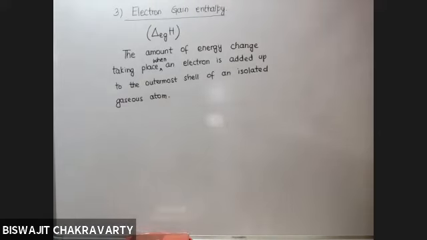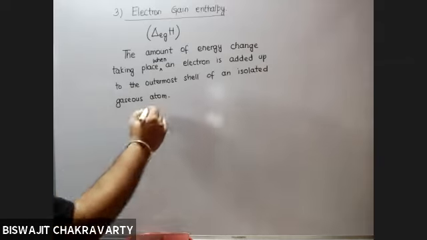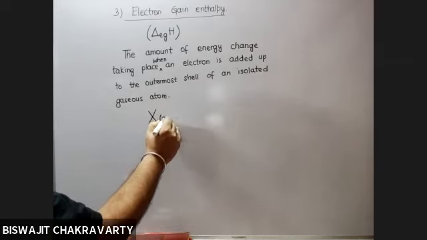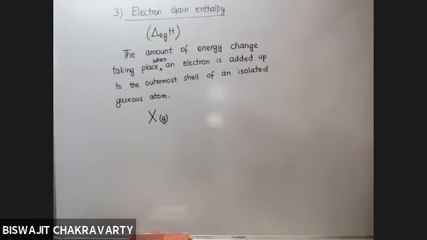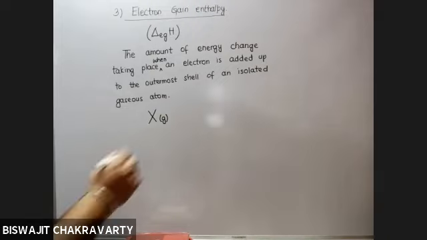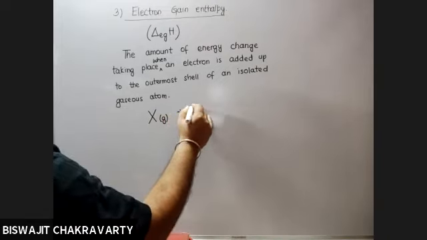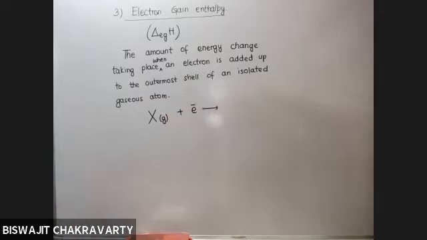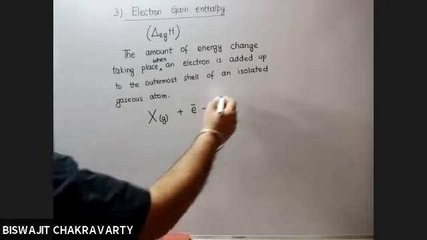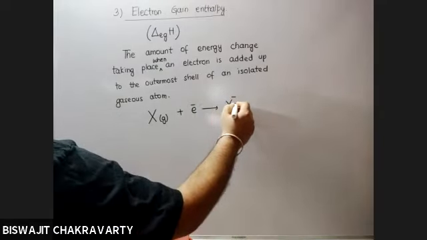Now let us try to understand the phenomenon, what is happening. Suppose you have an atom in isolated gaseous state denoted by X, and to this X you have added an electron. We know that when an atom adds an electron, it will be converted to an anion, or not?